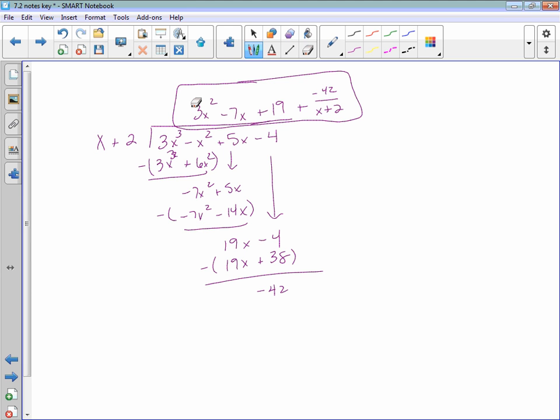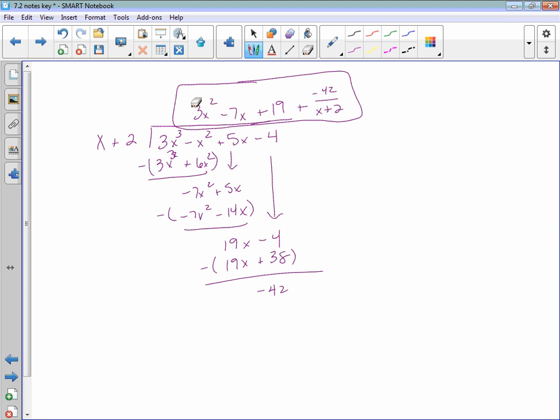Wait, Mr. Lee, I'm confused. Yeah, you use that number, you just don't use it to pick up. I have a question. So when you get 7x squared plus 5x, do you multiply 5x by... No, what do I take x times to get negative 7x squared?